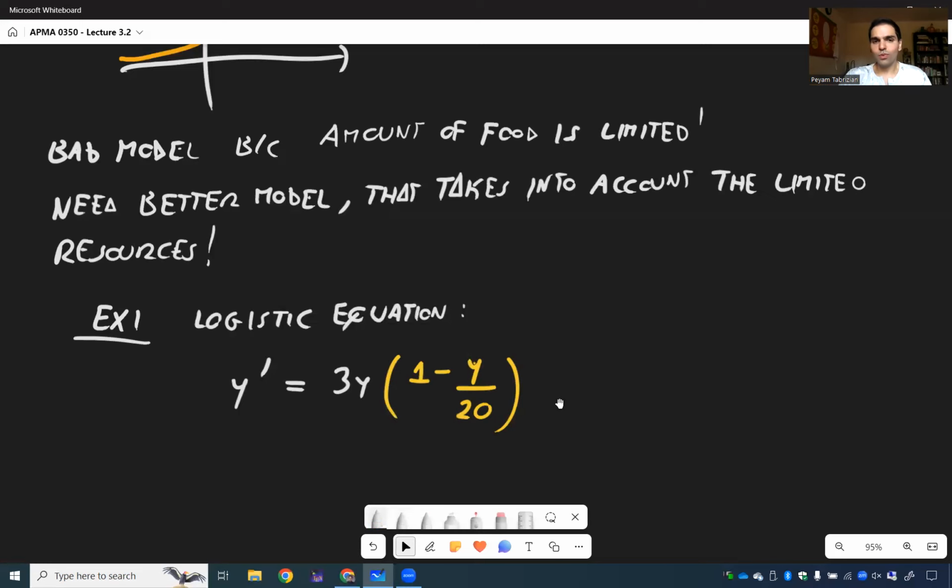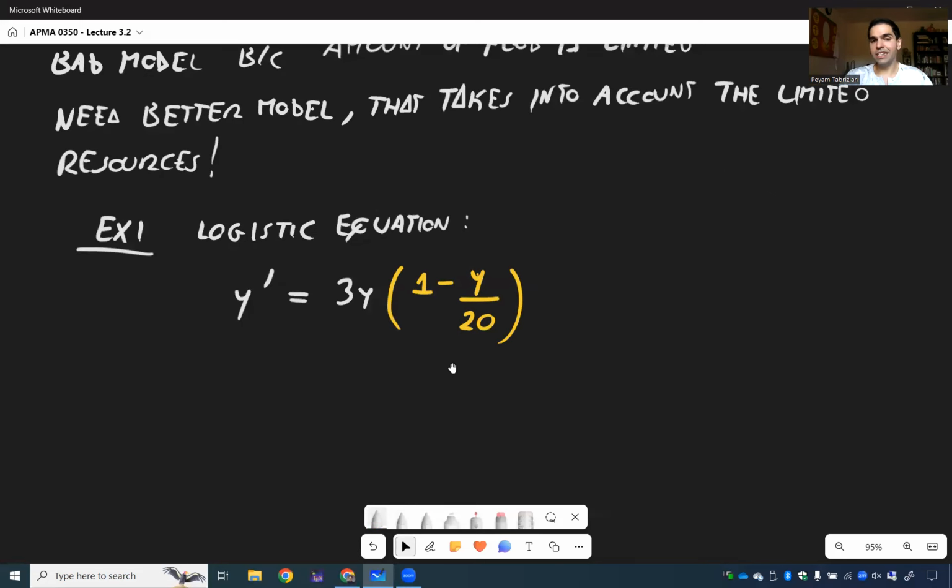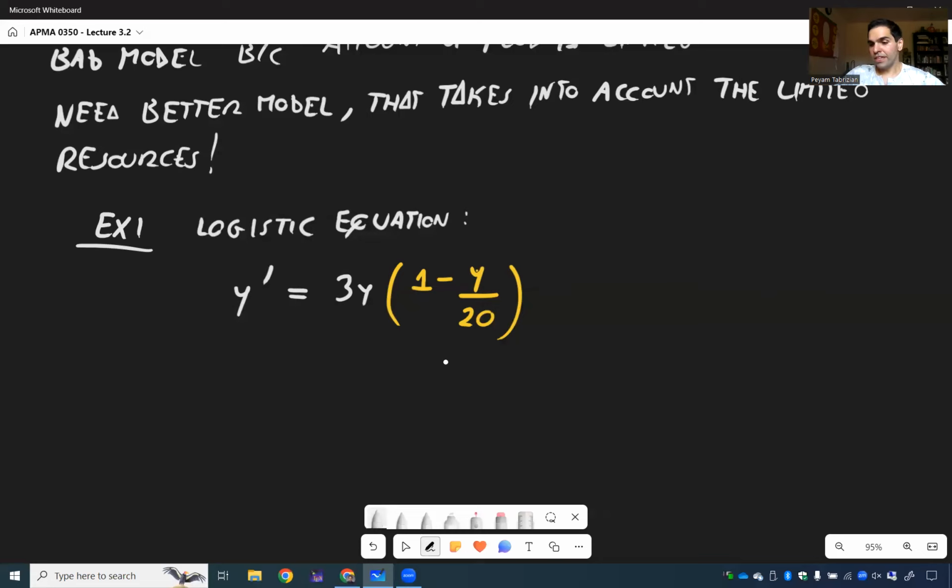And what do all those terms mean? Well, this number 3 is what's called the growth rate. Just as before we had y prime equals 3y, where 3 was the growth rate, here the 3 is also a growth rate.